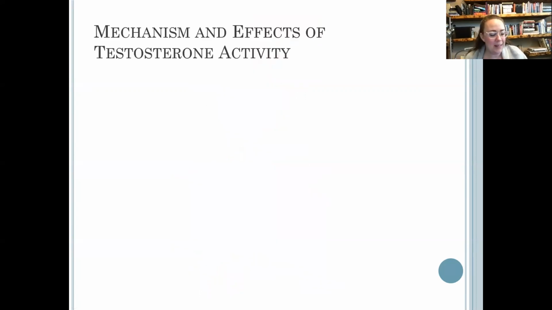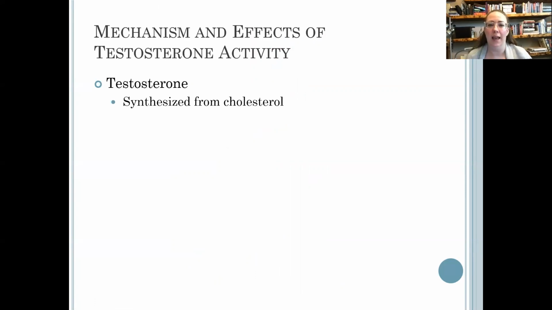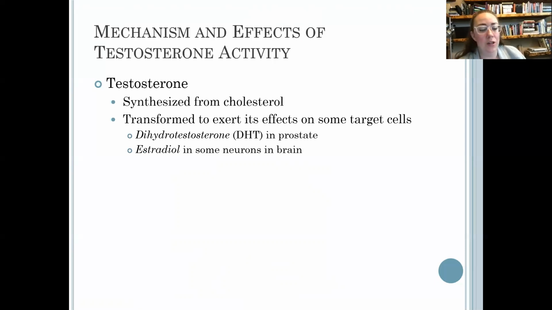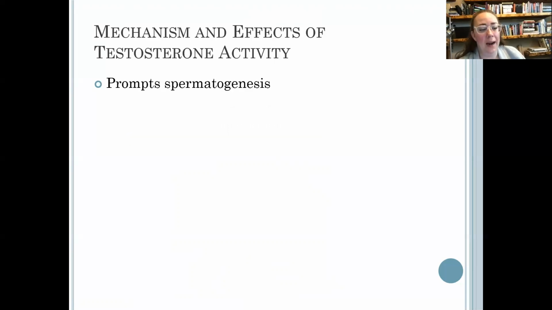All right, so mechanisms and effects of testosterone activity. Testosterone is a steroid hormone, a lipid, that's synthesized from cholesterol, and it exerts its effects on some of the target cells by being converted, like, it turns into dihydrotestosterone in the prostate, or estradiol in some of the neurons in the brain. But its main job is really to prompt and start and keep going spermatogenesis.